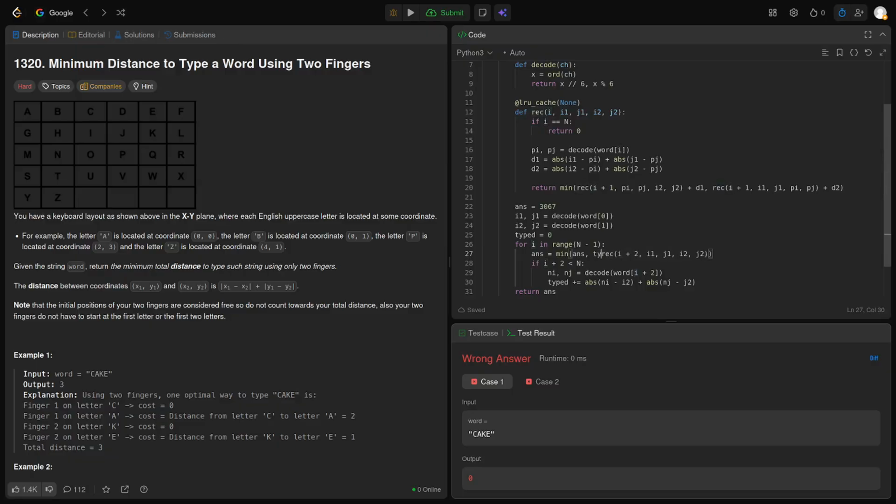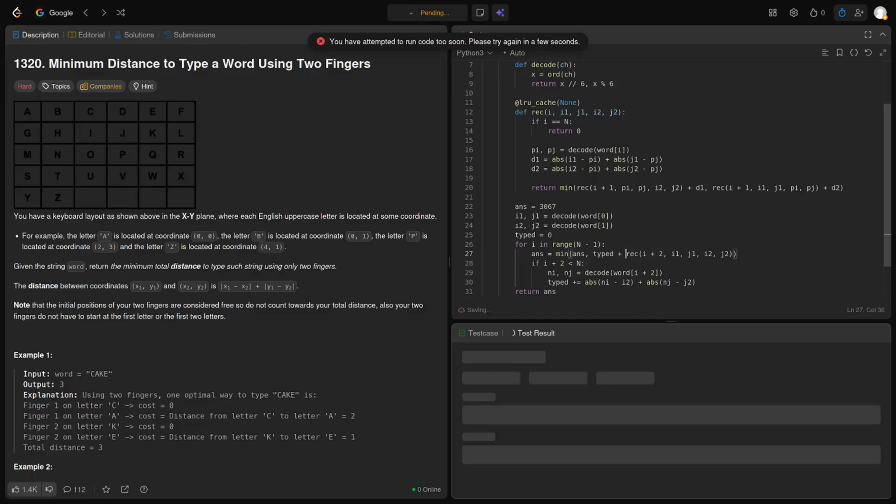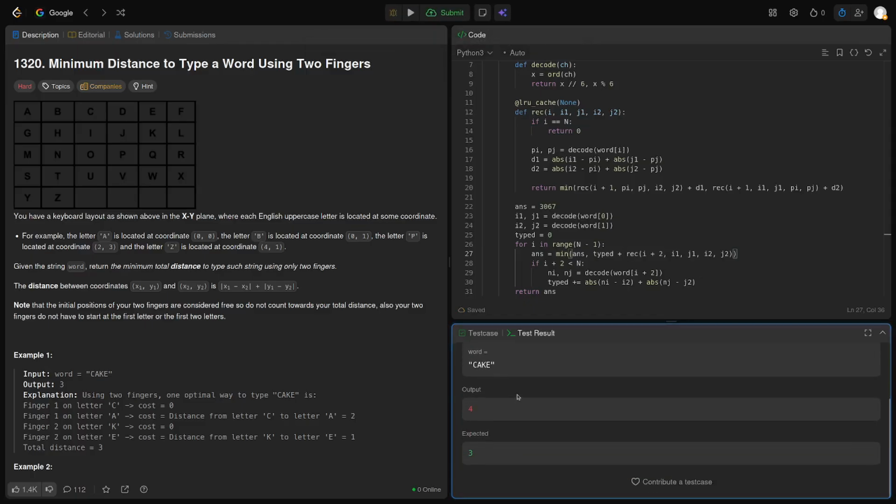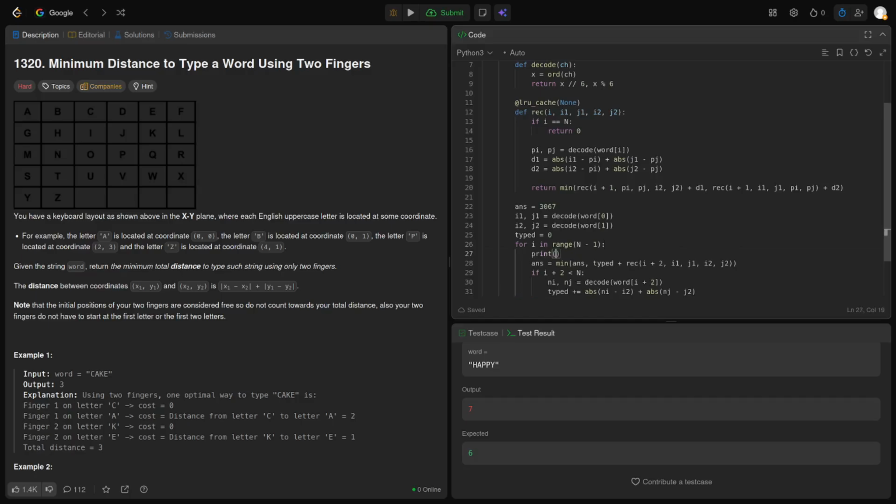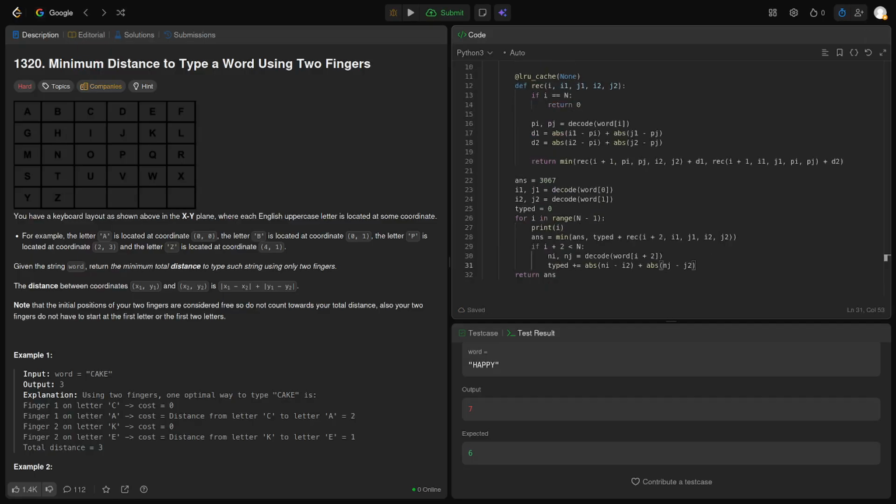And then we do typed plus this. 3 and 7. Interesting. Yeah, because I'm not changing this, so I to J2 and I and J.